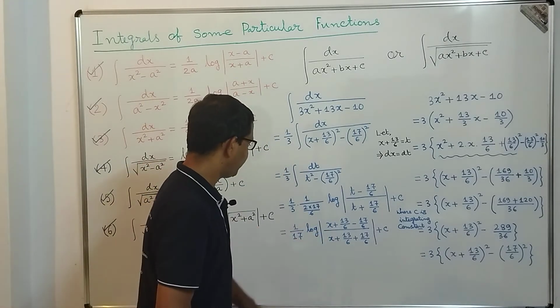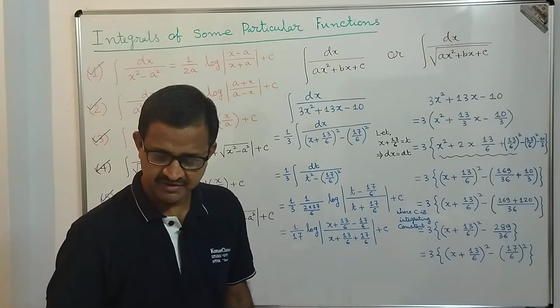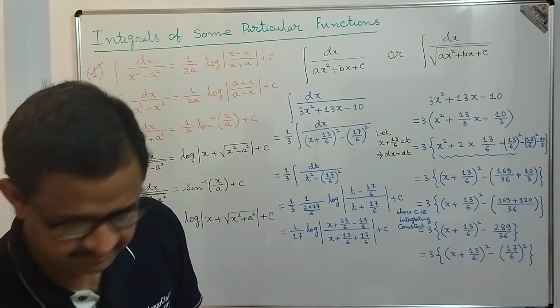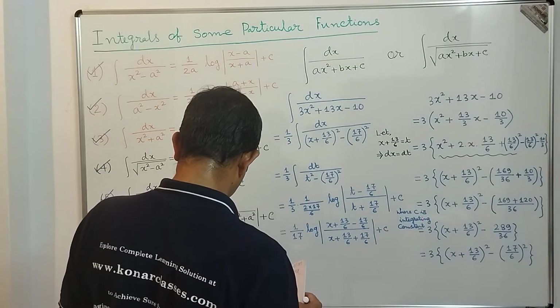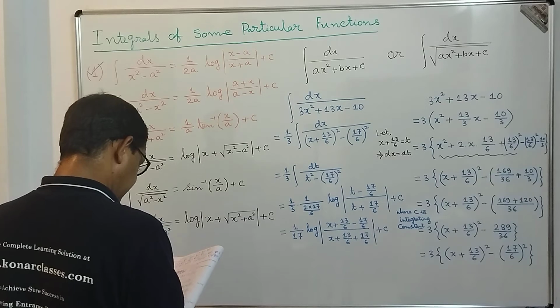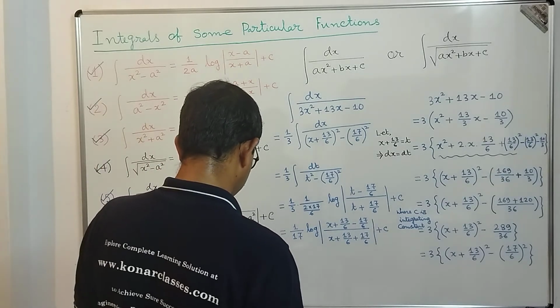Now we can simplify further, and I am not spending time to simplify this simple algebraic expression. So if we simplify, then what we are going to get is something like this.